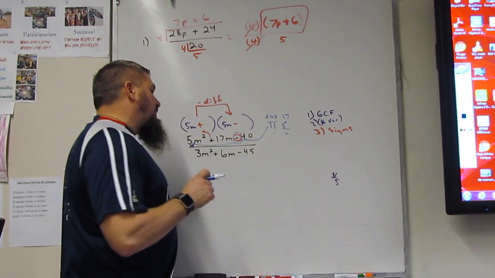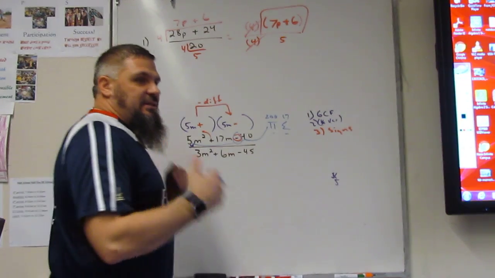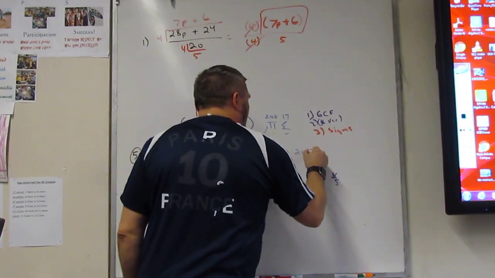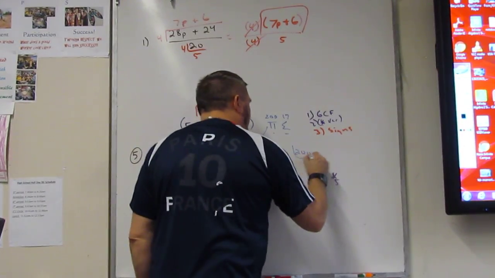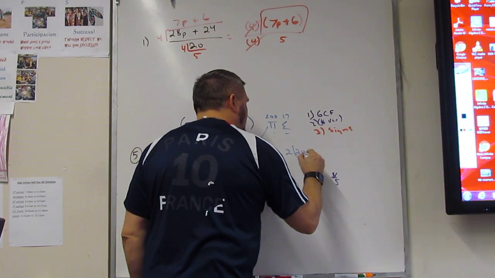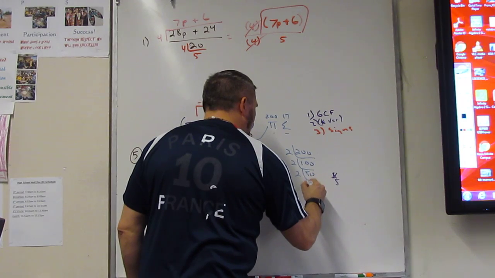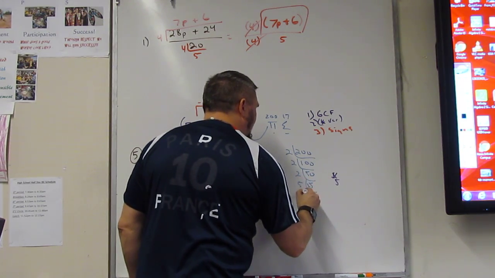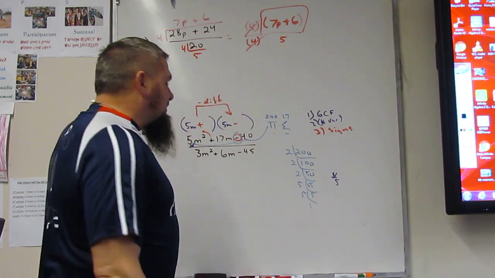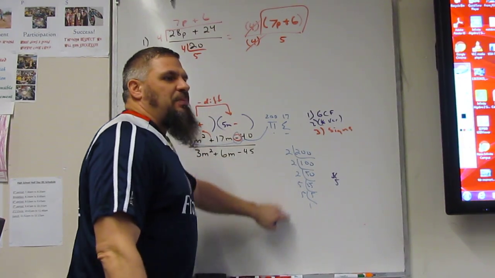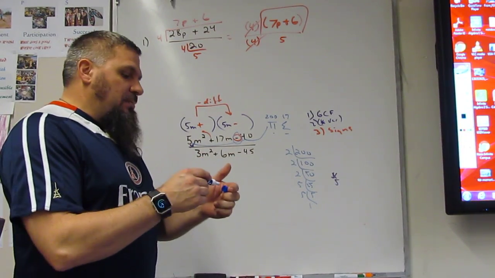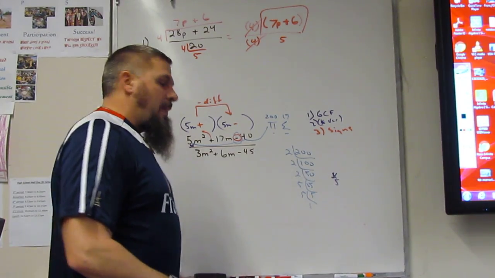When you deal with a number this large, sometimes it's easier if we take the 200 and break it down: 2, 100, 2, 50, 2, 25, 5, 5, 5, 1. That lets me know all the numbers possible to make up 200.